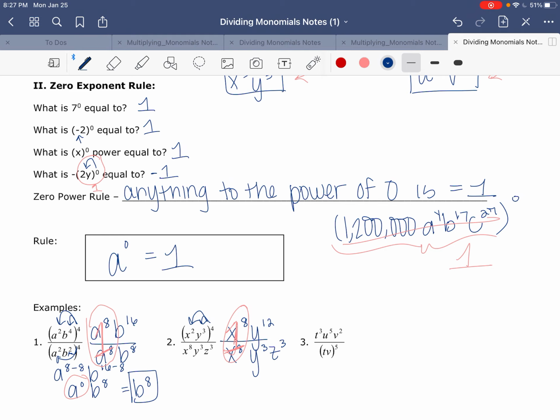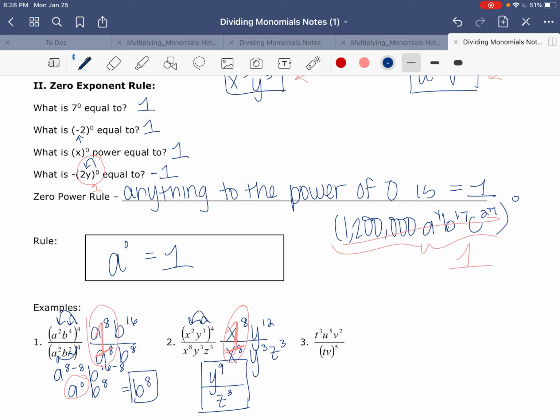And then I have y to the 12th in my numerator and y cubed in the denominator. So the numerator has more y's, so it's going to claim it, and it has 9 more. But then I see this z cubed, and I don't see any z's in the numerator, so I'm going to leave the z cubed in the denominator because there's nothing to cancel it out with.